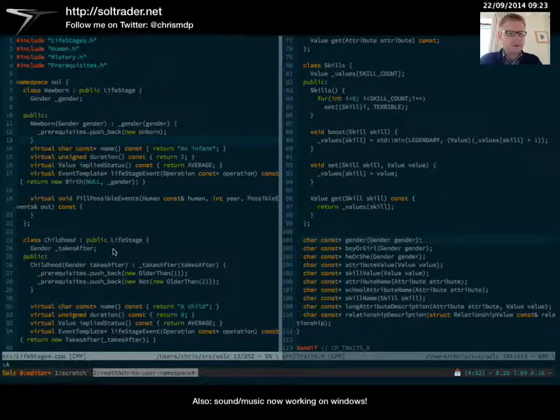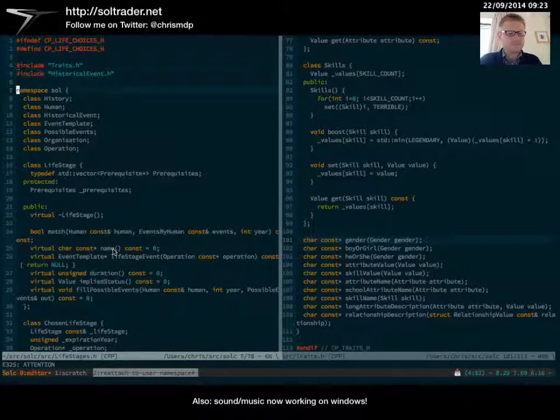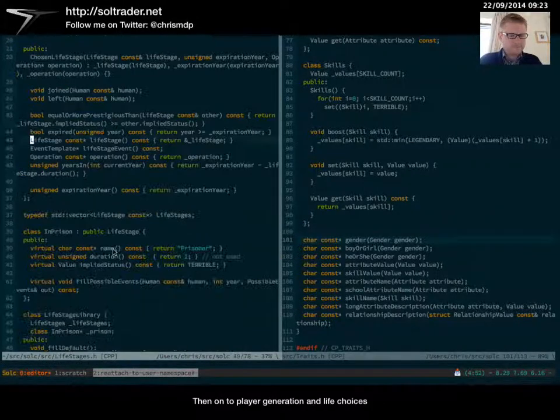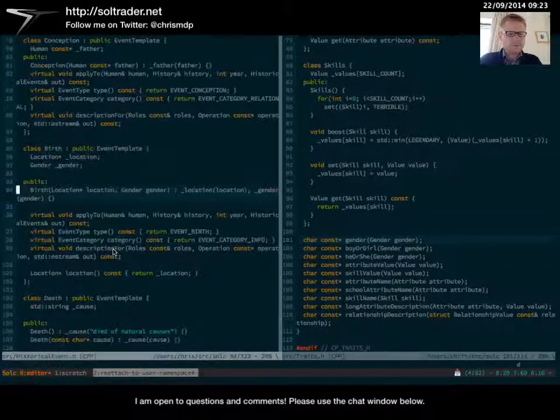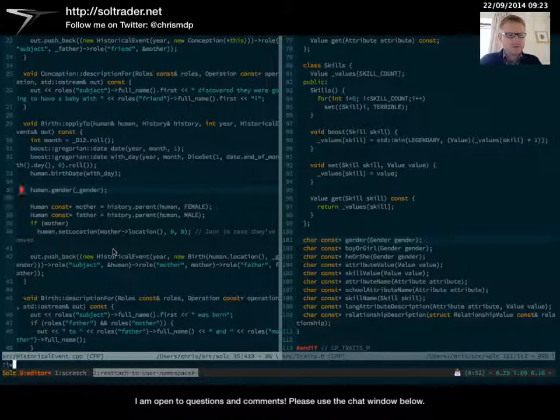So it chooses the gender of the child based on which life stage it chose, the male one or the female one. Which means the birth event, oops, it's the birth event that's the key one, which means birth applied to human gender, right.